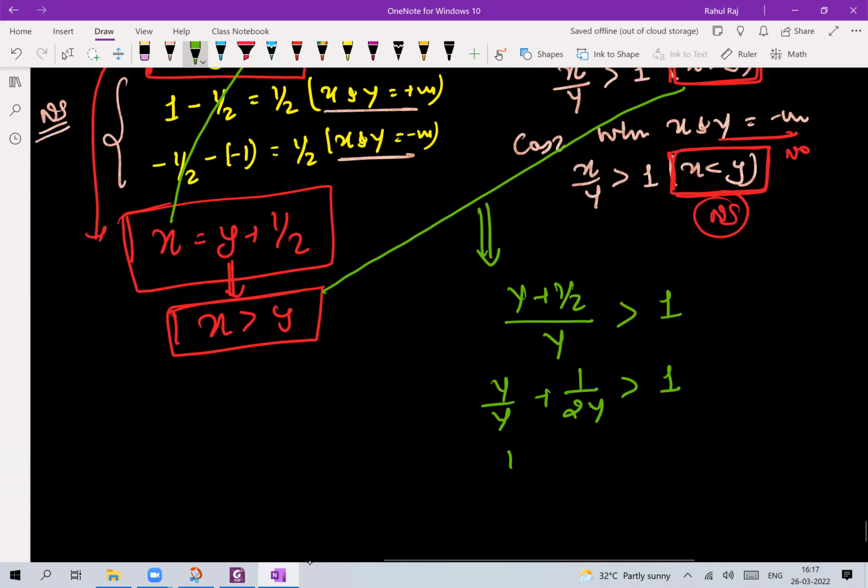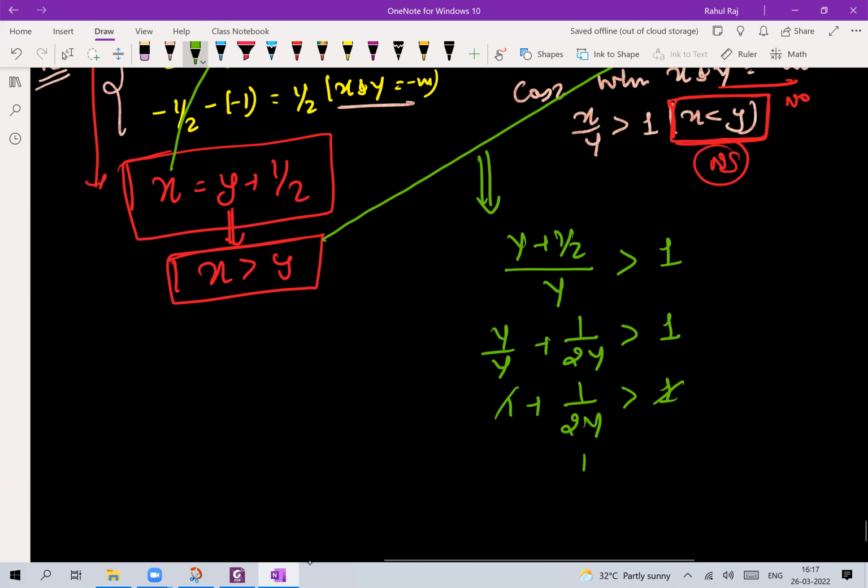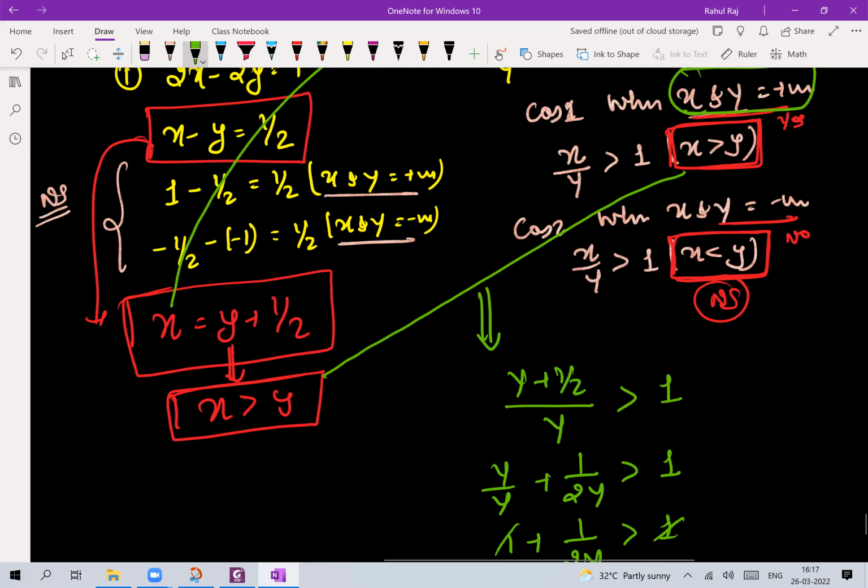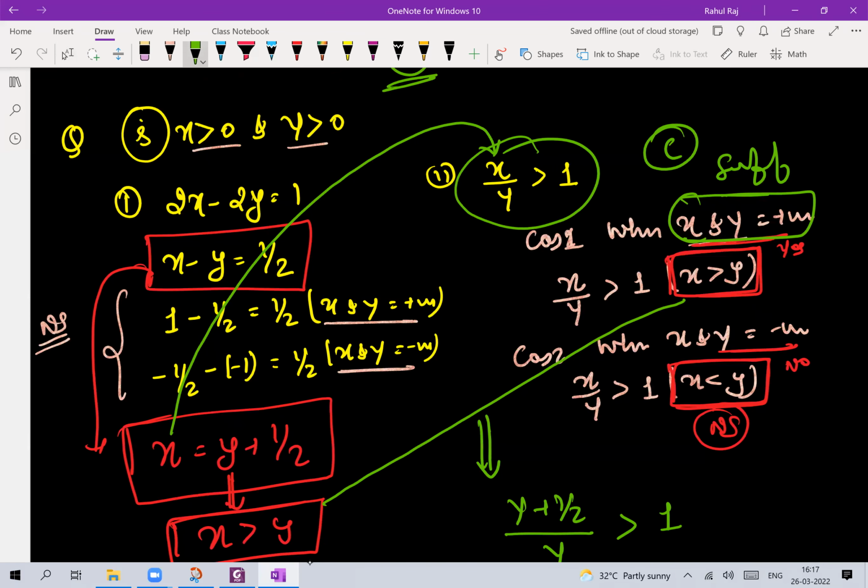So it becomes 1 plus 1 by 2y greater than 1. Thus this cancels off, 1 by 2y greater than 0. Now this is only possible when y is greater than 0. And if y is greater than 0, x over y is greater than 1, x should be greater than 0. So C. But the logical way is a pretty easy way to combine.